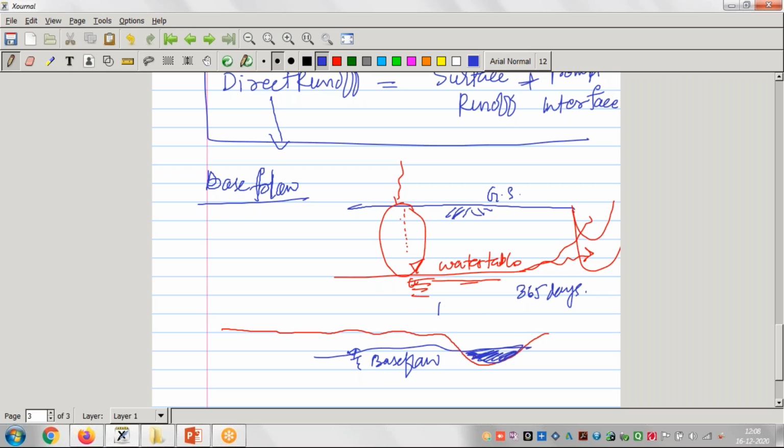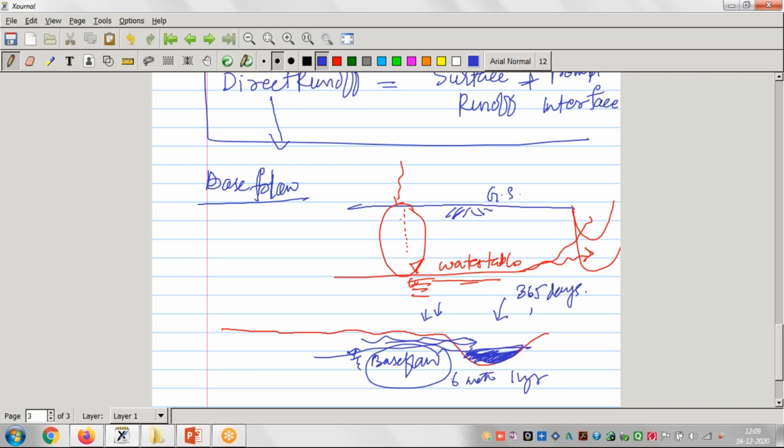Then rainfall occurs. So this base flow comes into the river after the rainfall, maybe after 6 months or maybe after 1 year. This base flow meets the river, and it continuously fills the water into the river.